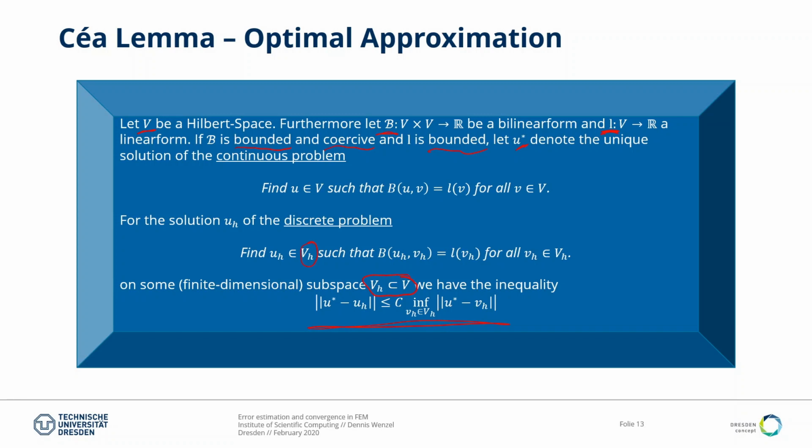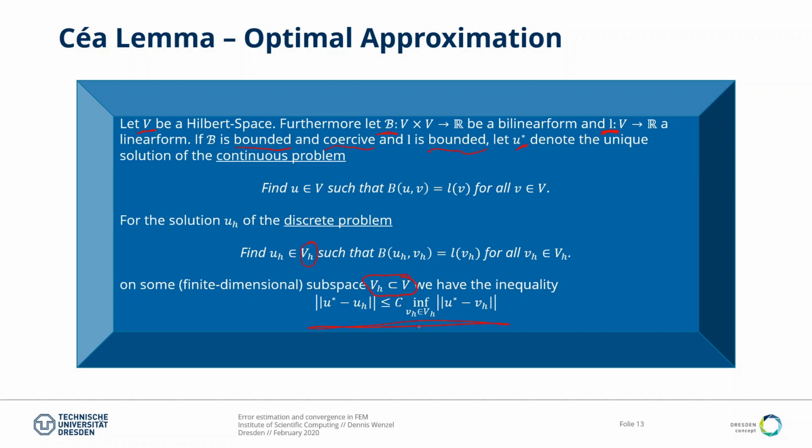What does this mean? Well, it means that if you compute your solution for the discrete problem, the u_h, that's almost the best you can do in your respective space V_h.